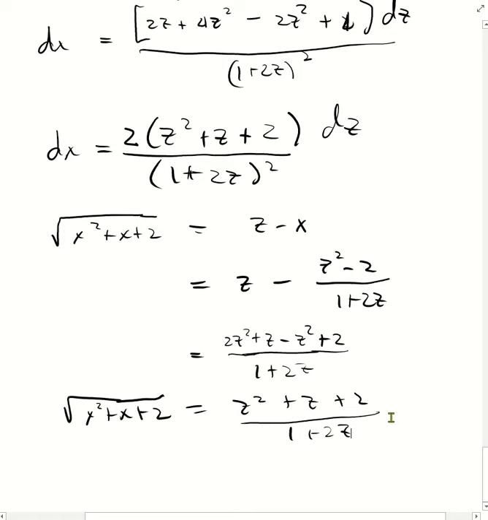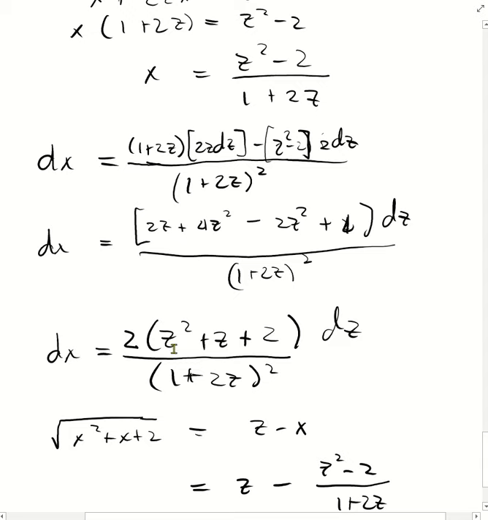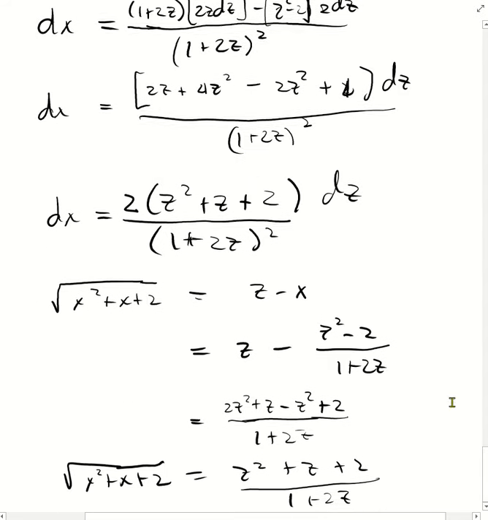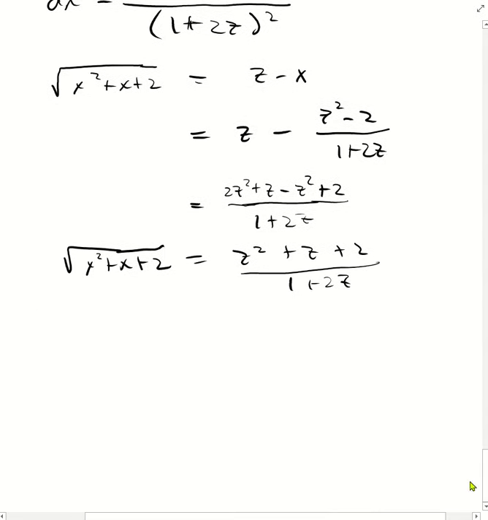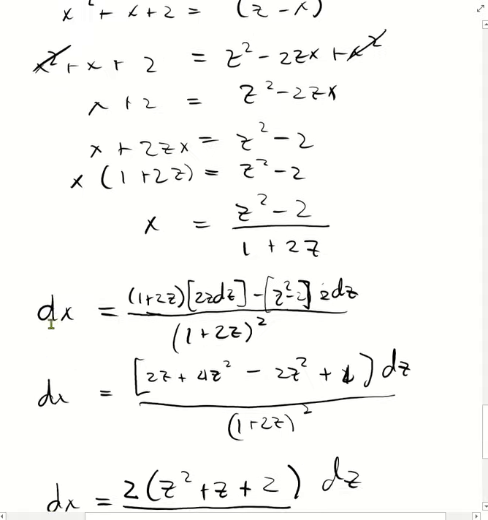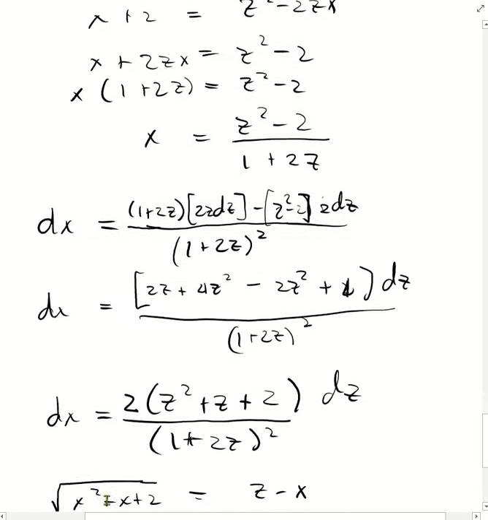Then we can now do the substitution. We already have the square root of x squared plus x plus 2. We have dx, and we already have the value for x. So we can now do the substitution. So the integral of the numerator dx. What is our dx?